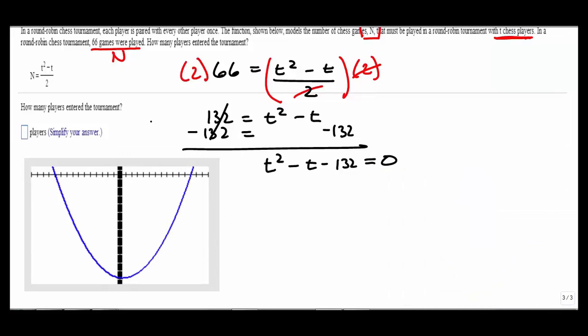So from our graph here, we have our actual solutions at t equal negative 11 and t equal 12. So I either have 12 players or negative 11 players that showed up. Well, obviously you can't have negative 11 players showing up, so I have 12 players as my solution.